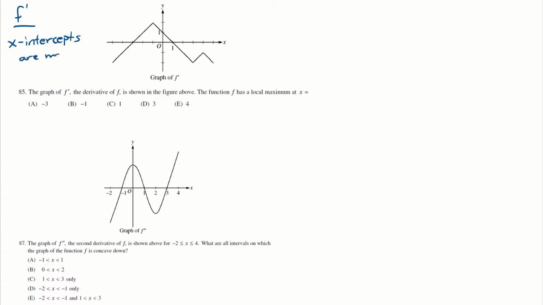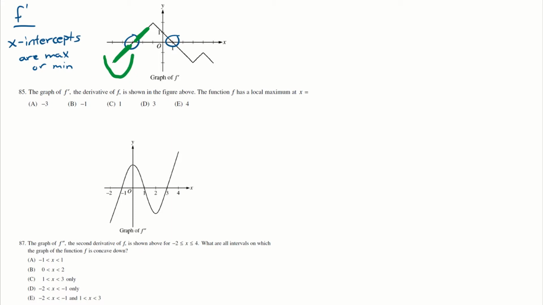So all we have to do is look at all our intercepts, one right there and one right there, and then determine, is it a max or min? Well, in this case, the function is here decreasing and here increasing, because this is the graph of the derivative, so where it is negative, that means it has a negative slope. So at this point it goes from a negative slope to a positive one.